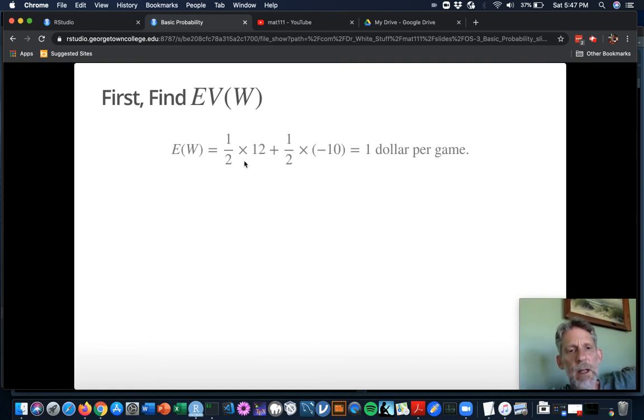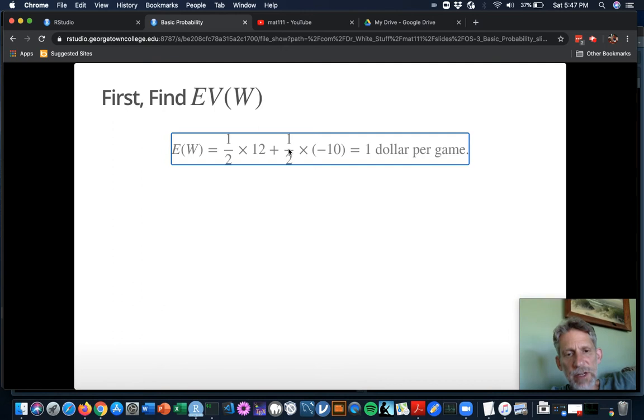Well, fortunately, it's easy. 50% chance of a 12, so 1/2 times 12, plus 50% chance of the minus 10, so 1/2 times minus 10. So let's see, 12 times a half is a 6. Minus 10 times a half is a minus 5. 6 minus 5 is a 1. You would expect to win $1 per game on average if you play this game.